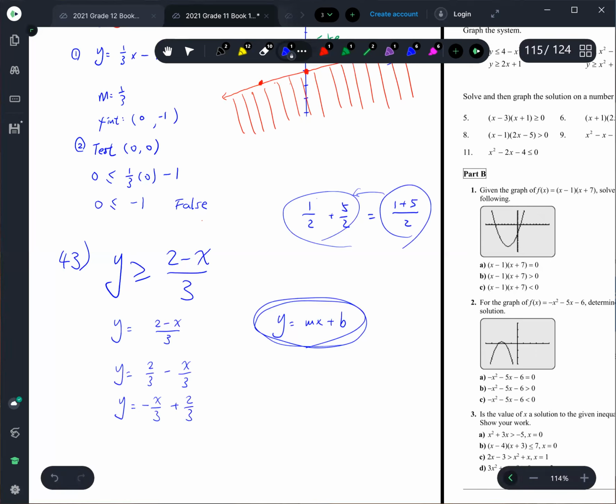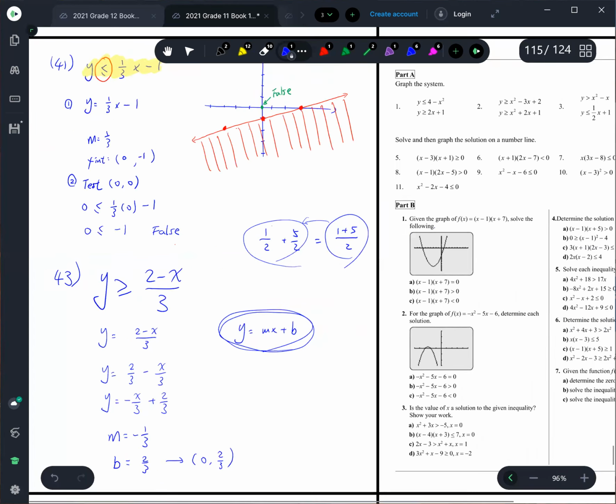By looking at that, what do you think the slope is? Negative 1 over 3. Very good. So 1 down and 3 right. And the y-intercept? The y is 2 over 3. Yeah, so the y-intercept is 0, 2 over 3.